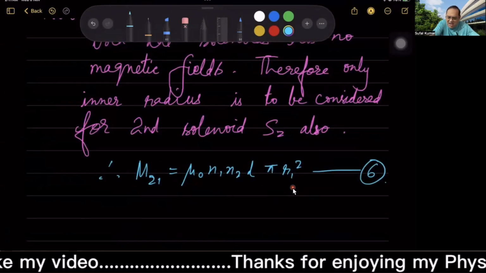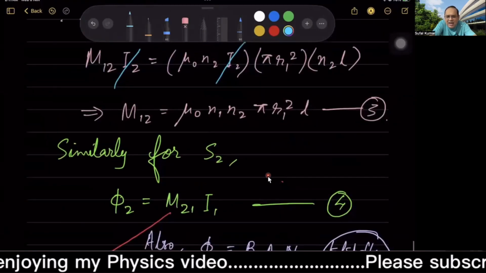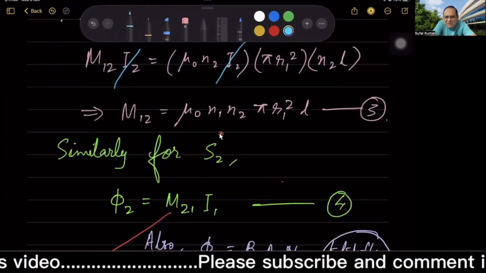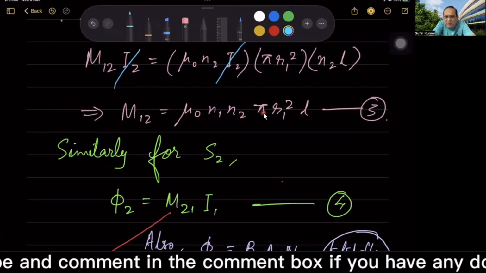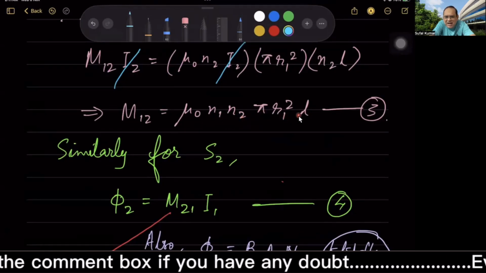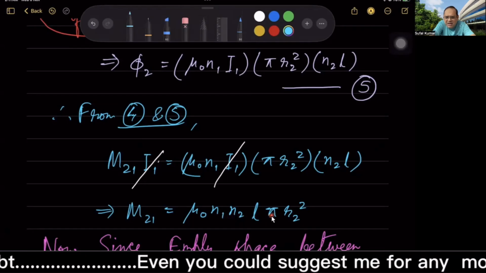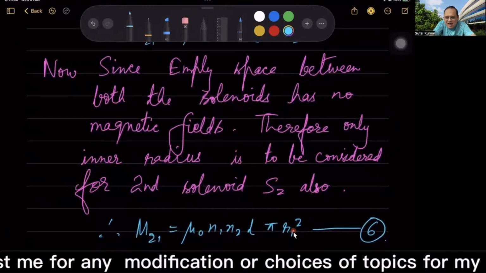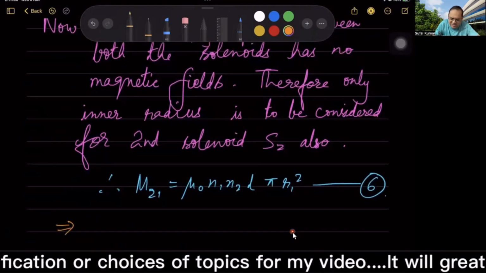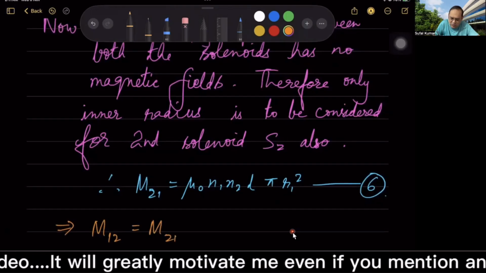Now coming back to equation number 3, as you can see, the same expression is obtained: mu naught N1 N2 pi R1 square L. Mu naught N1 N2 L pi R2 square we have replaced by R1 square. It implies that M12 is equal to M21.